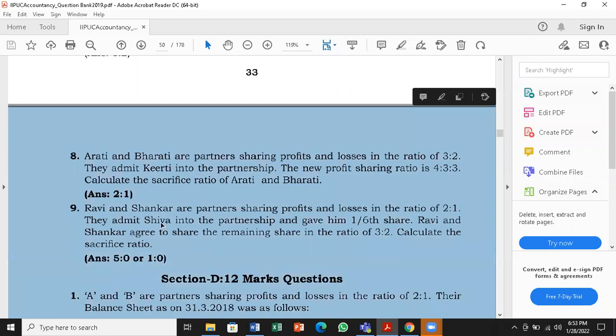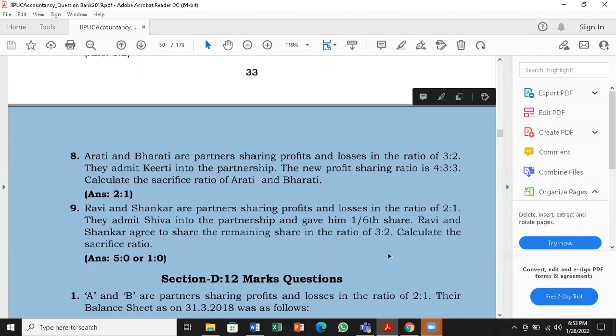They admit Shiva into partnership and gave him 1/6 share. Ravi and Shankar agree to share the remaining share in the ratio of 3:2. Underline the words remaining share, important.